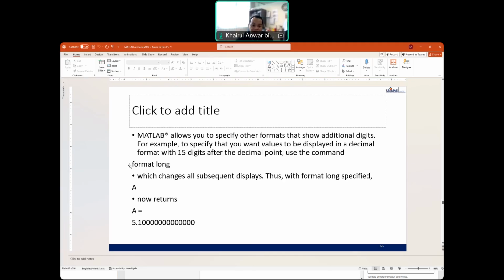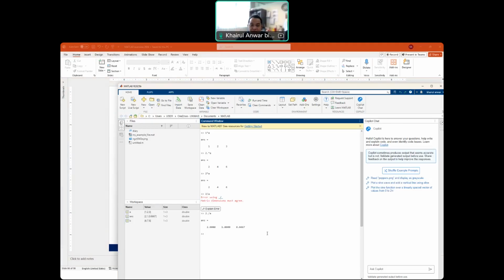So the format long, you write it in the command window. Format long. Notice the word long here turns purple. So format short also, you see.